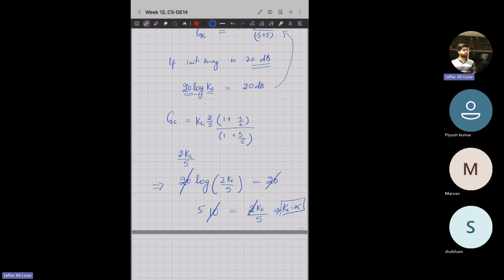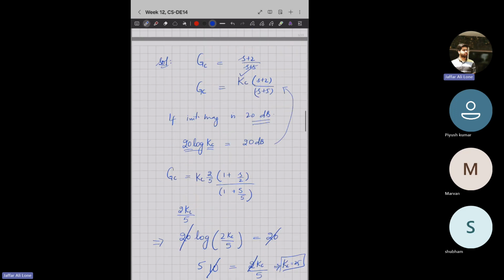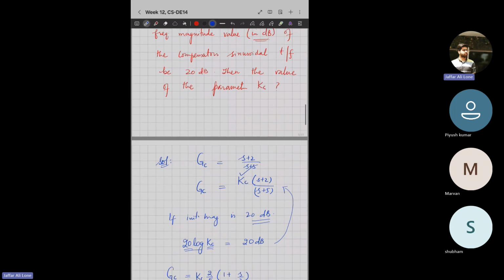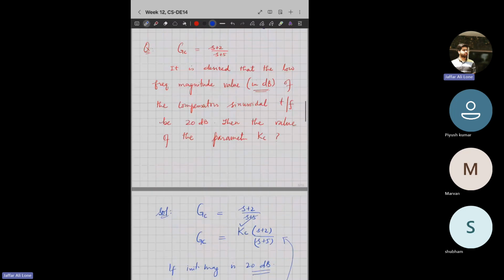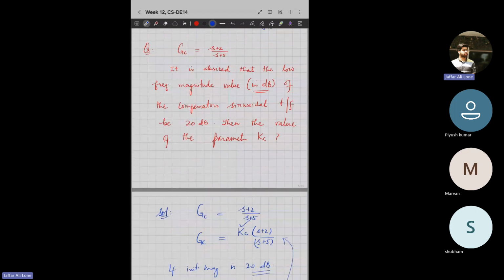If there is any question, I will again explain this. Just give me a moment. Okay. Yes, Marwan had solved it. So basically, you are given the initial magnitude of this lead compensator. It's desired that the low frequency magnitude value in decibels is 20 dB, and we have to find the parameter value Kc.